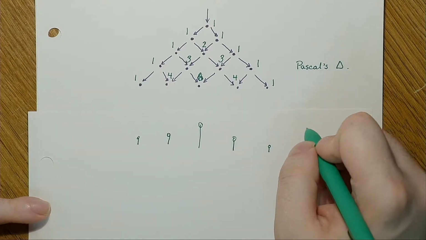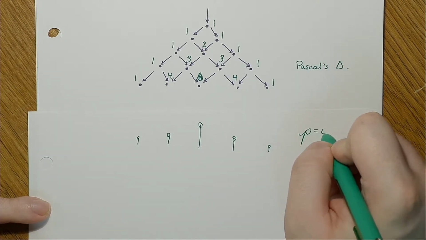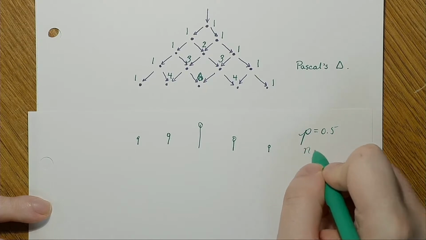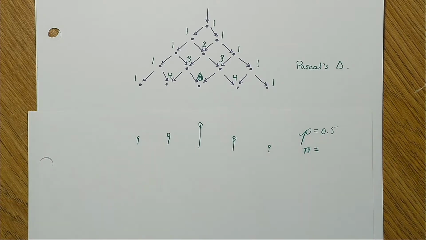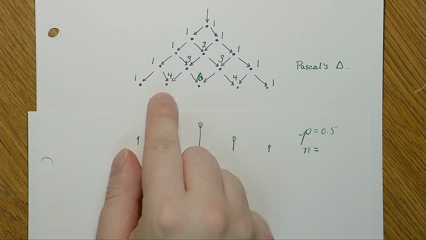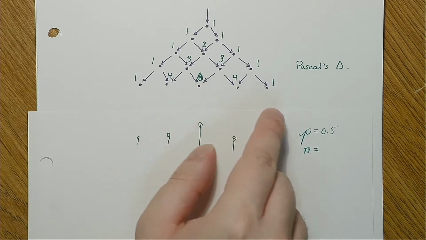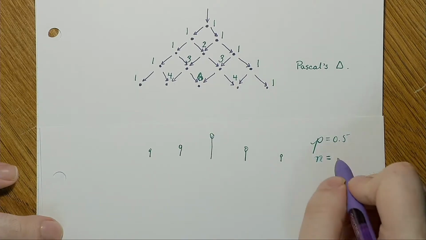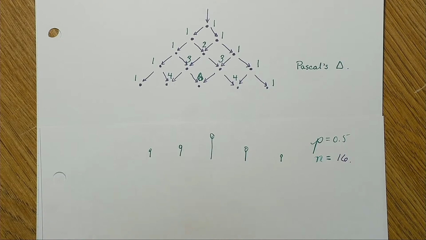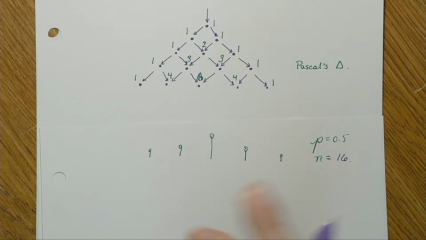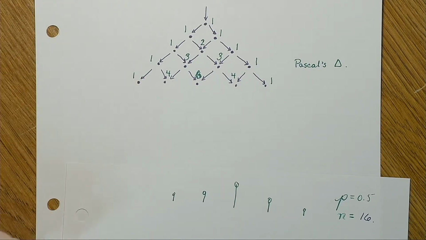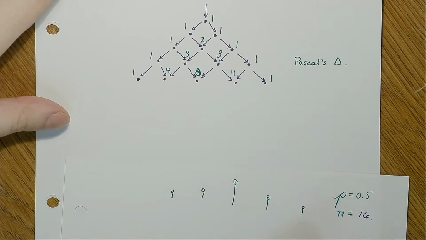So again, what you're seeing is that p is equal to 0.5, and then n in this case, we have 1 plus 4 plus 6 plus 4 plus 1 gives us 16. So again, that's not big enough yet. What we usually want is somewhere around 50. And when we get to 50, that would be large enough that, again, it starts to form a nice normal distribution.